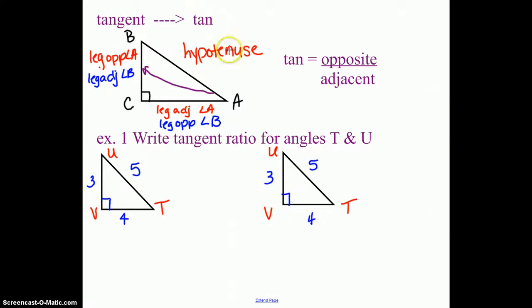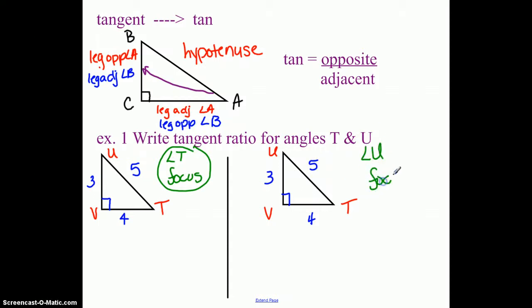And then I'm going to draw a line. I'm going to use this one where angle T is the focus. And this one, angle U, is going to be the focus. So let's go through and start labeling stuff.